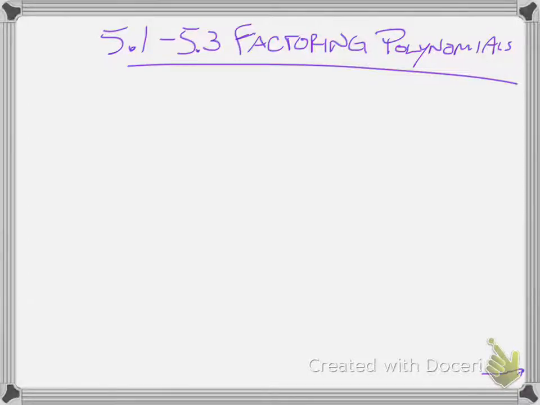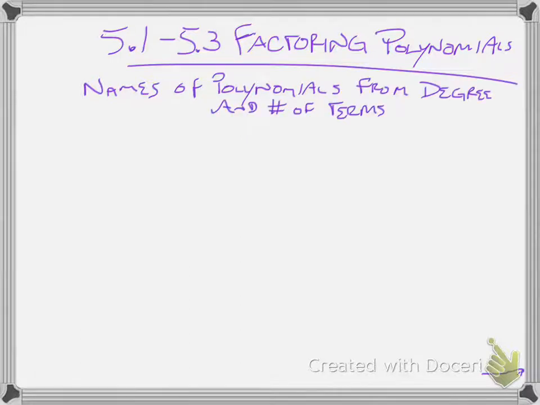Okay, so first you need to understand the names of polynomials from the degree and the number of terms. I'm not going to write those here, but if you'd like to, you can get out your notes from 5.1 and write what each of those are, but you should know those.